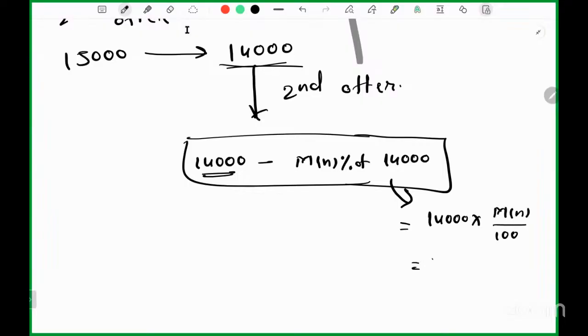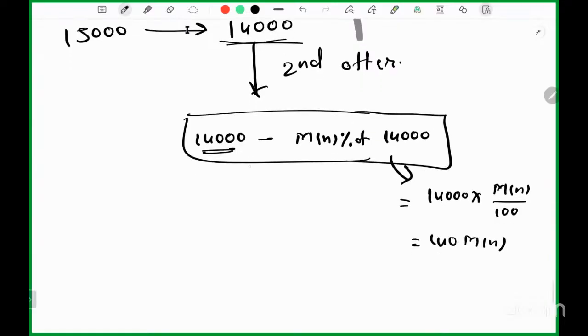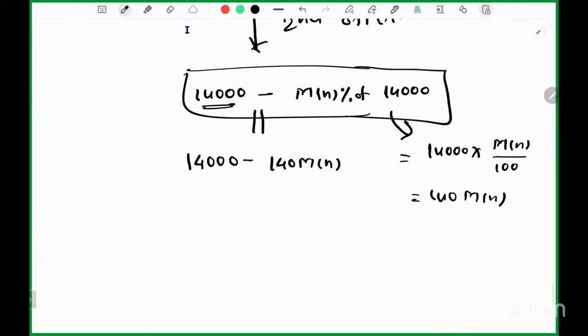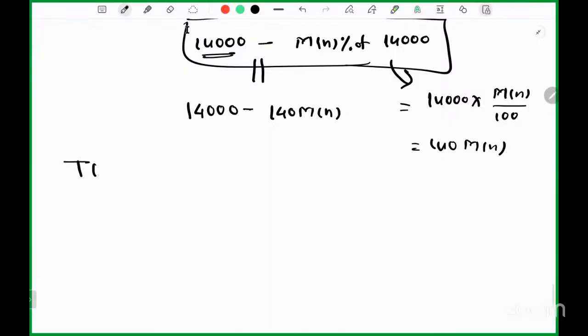So this is 140 of MN. That means after applying both the offers, the new total payable amount is 14,000 minus 140 of MN. So this is your T of N. So T of N is 14,000 minus 140 of MN.